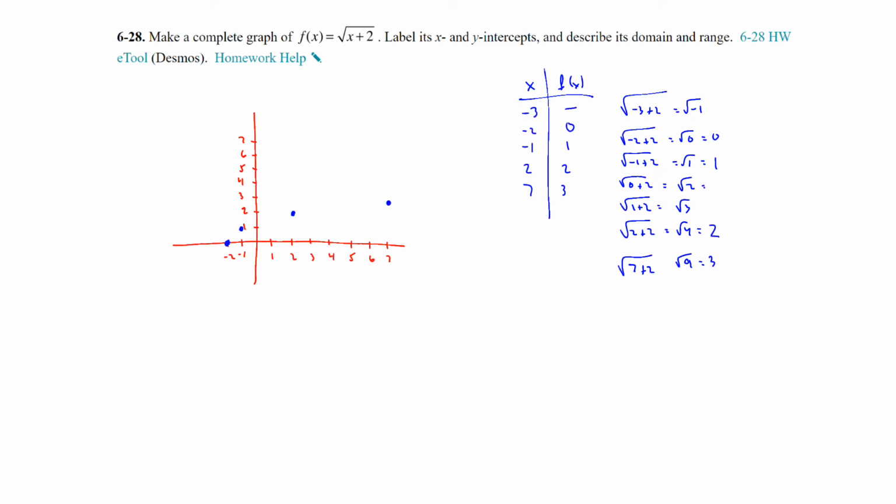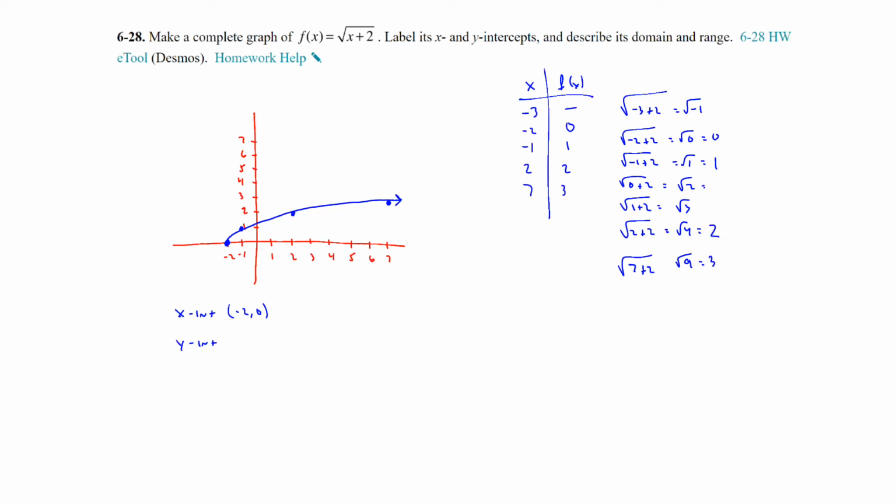And if you guys remember, the square root function is half of our u-shaped quadratic function. So label its x and y intercepts. Well, the x-intercept is at -2, 0. The y-intercept, well, what is the y-intercept?